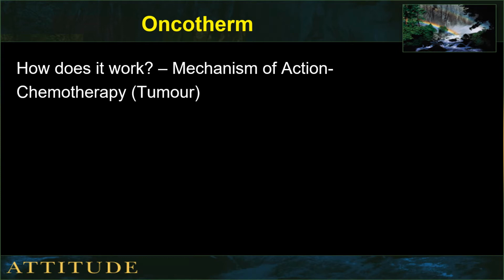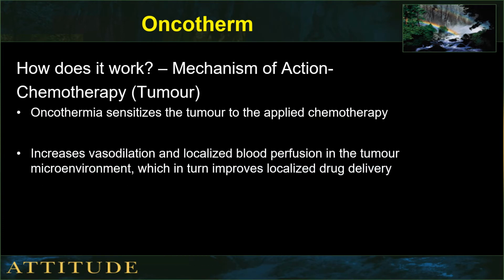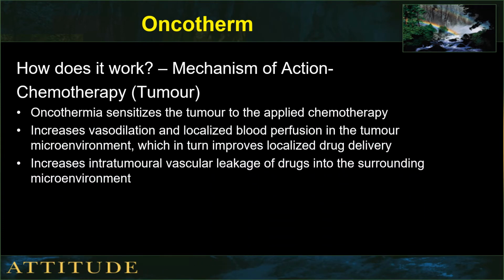So how does it work? The mechanisms of action, chemotherapy, the tumor. Oncothermia sensitizes the tumor to the applied chemotherapy. It increases the vasodilation and localized blood perfusion in the tumor microenvironment, which in turn improves localized drug delivery. So in essence, the actual thermal damage to the tumor is causing the cells to become more porous.